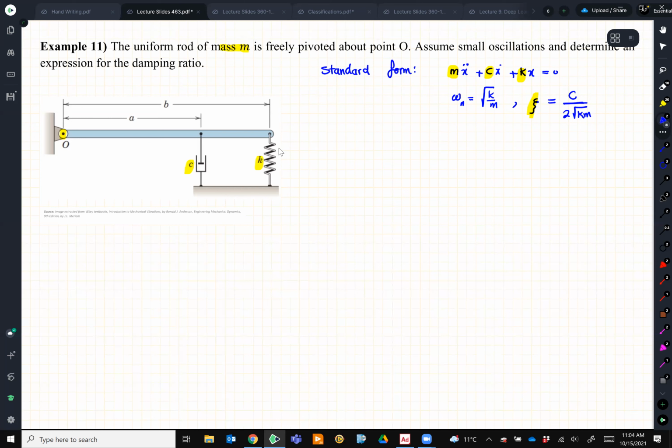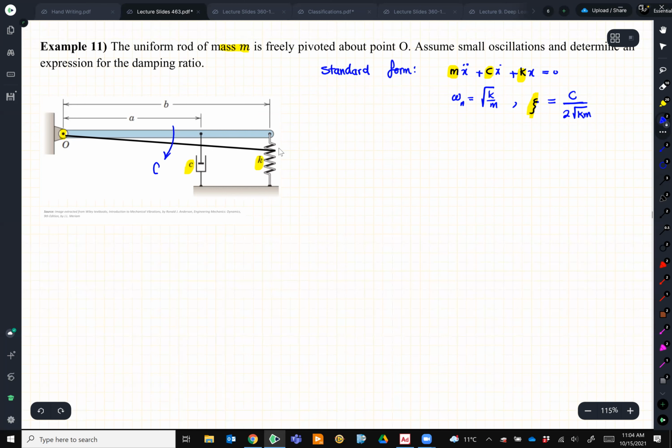So that's the motion. If I disturb it, it's going to come down a little bit. Let's call this angle theta, and this is the direction of motion. So that's the coordinate that we decide.